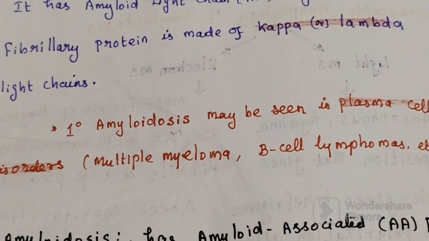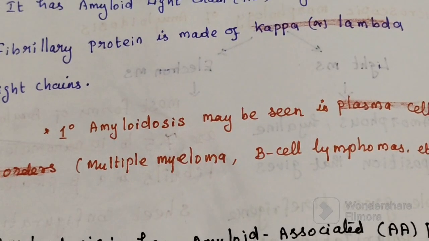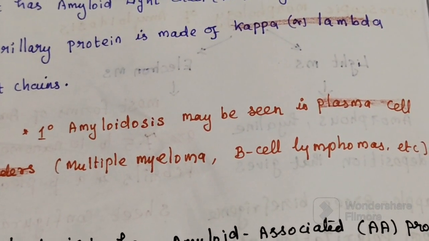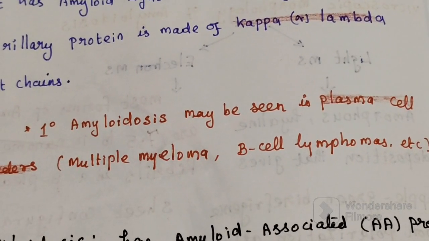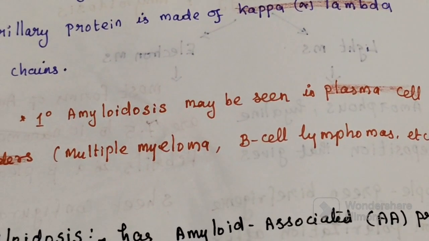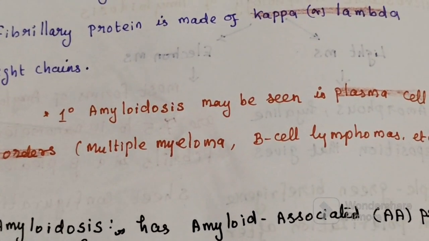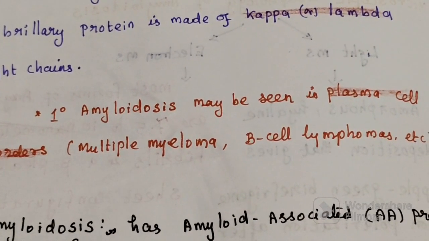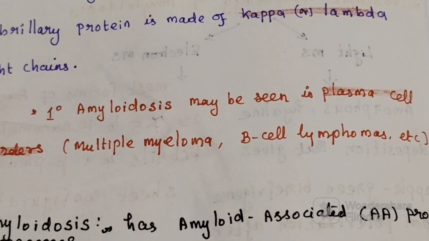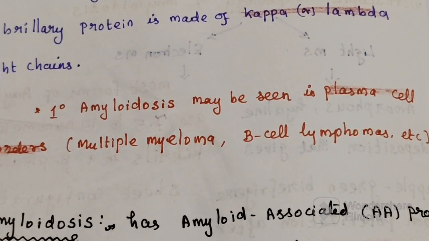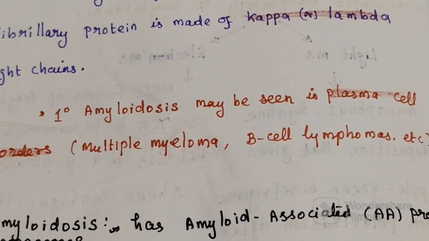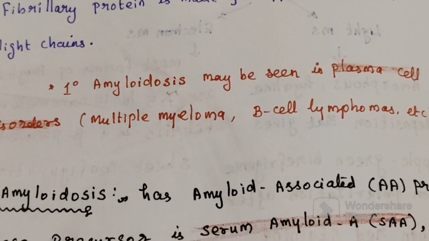The light chains of IgG will be more in number, which is why light chains are deposited. So in primary amyloidosis we find light chain AL amyloid proteins, but most cases occur independent of other diseases.